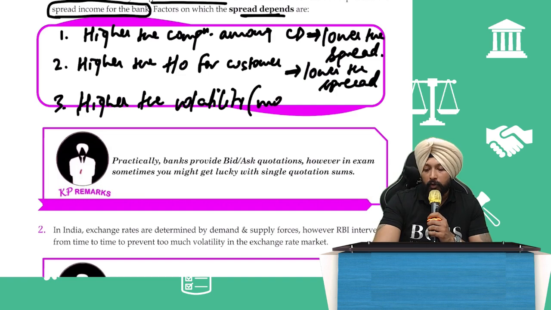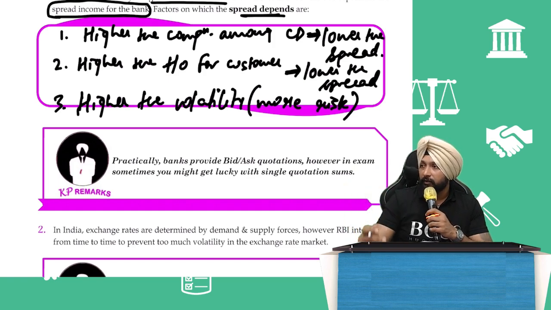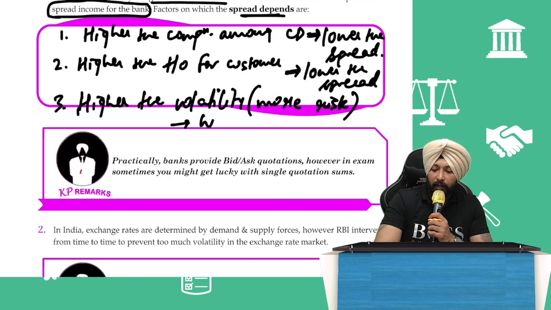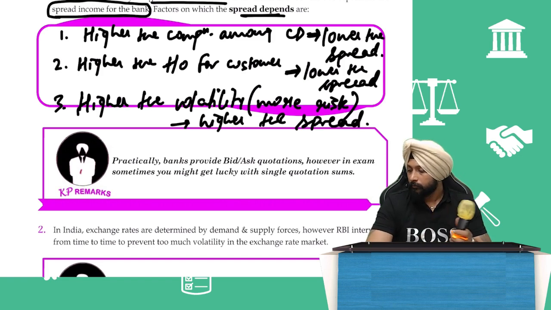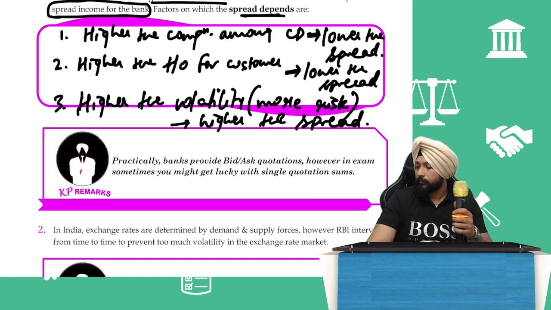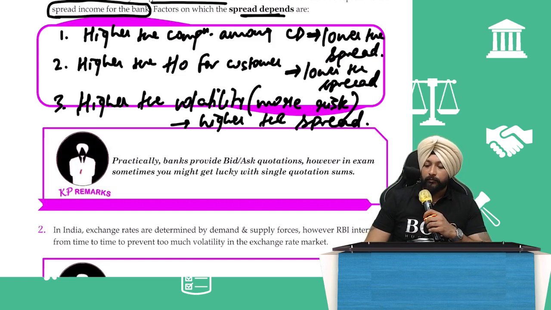Bracket, you write more risk. Higher the volatility, bracket more risk. If risk is more, do you need more spread or less spread? More spread. Please write higher the spread. Higher the volatility, that is more risk, higher will be the spread.